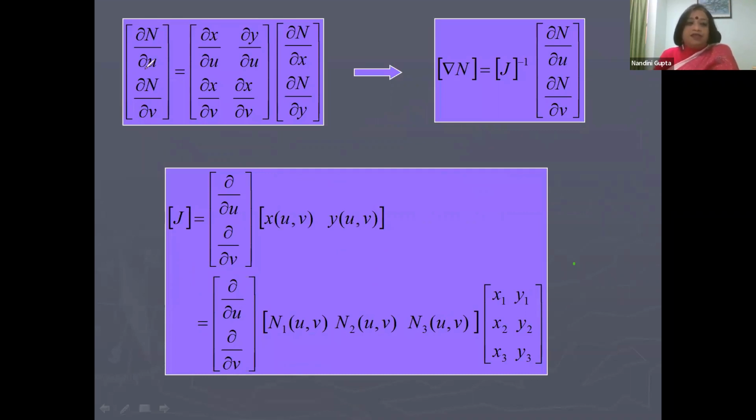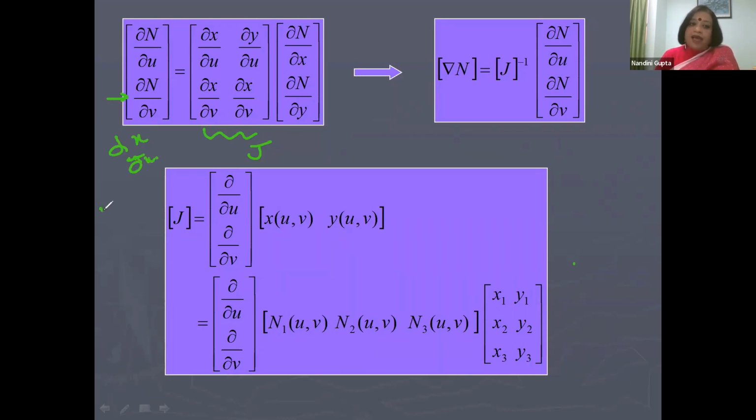As you can see here, we now have a relation between del N del u and del N del x, and also a relation between del N del v and del N del y. So del N del u is del x del u, del y del u, del x del v, del y del v, times del N del x. What is this? This is the Jacobian matrix, right? Earlier we just had del x del u, which we called the Jacobian.